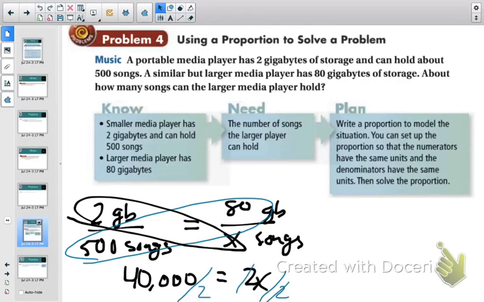They're gone, and I'm left with x equals 40,000 divided by 2, which is 20,000. So about 20,000 songs on the 80 gigabyte player. It's lots of songs. If you have an iPhone, you can just get Apple Music and store it in the cloud, but it's none of my business.